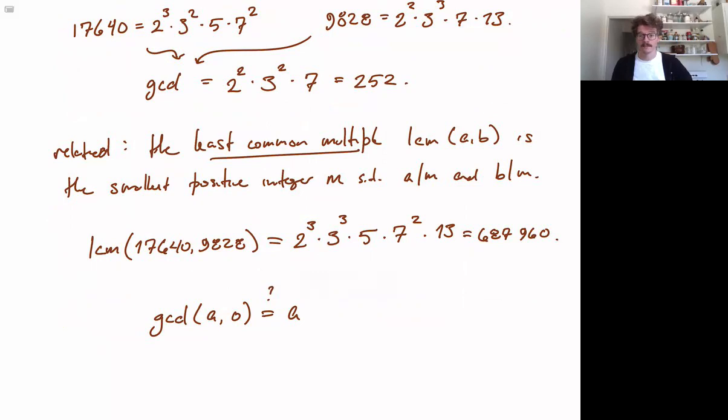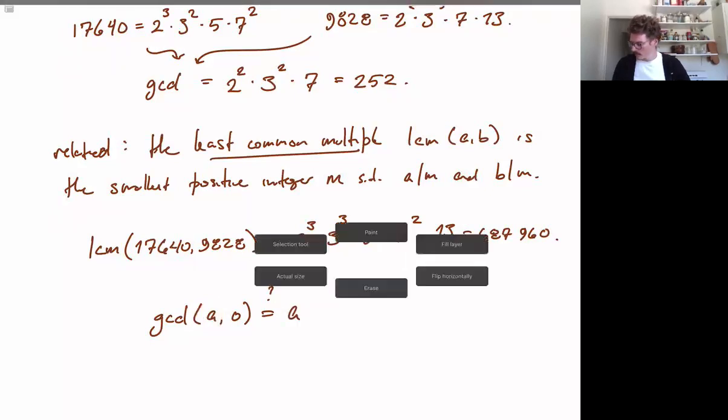And the answer is yes. Every number is a divisor of 0, except for 0 itself as a divisor. But everything is a divisor of 0, so the greatest common divisor of 0 and anything else is going to be the greatest divisor of that thing, which is itself. Very good. So let me make a note of this.